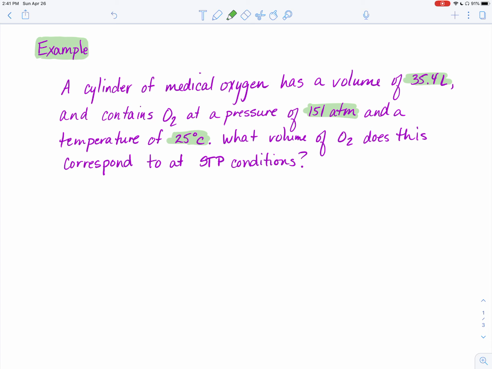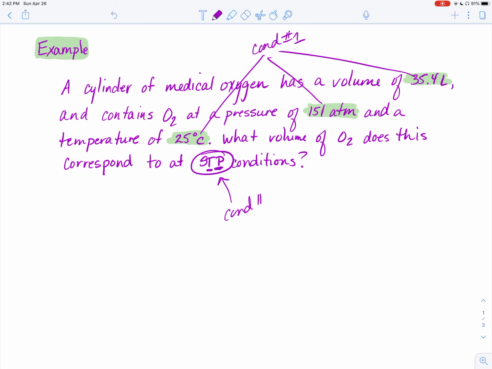So we're changing conditions, guys. We're changing what the temperature and pressure are from the original condition 1 to condition number 2.